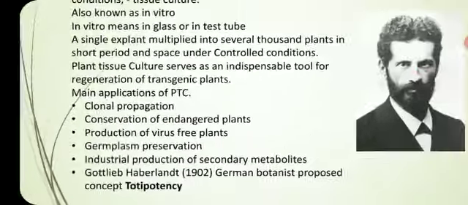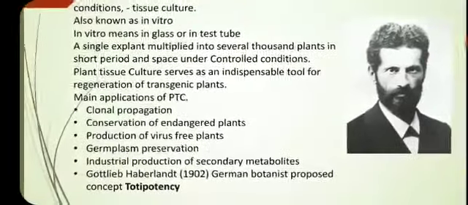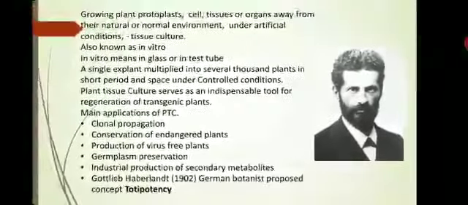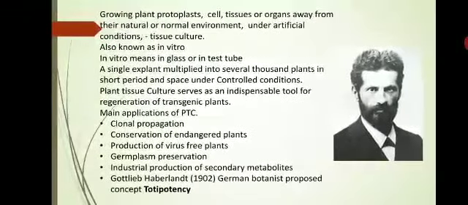The next one is germplasm conservation. Germplasm is nothing but genes, and the genes can be preserved with the help of the plant tissue culture technique. That is called germplasm conservation. The next one is industrial production of secondary metabolites.